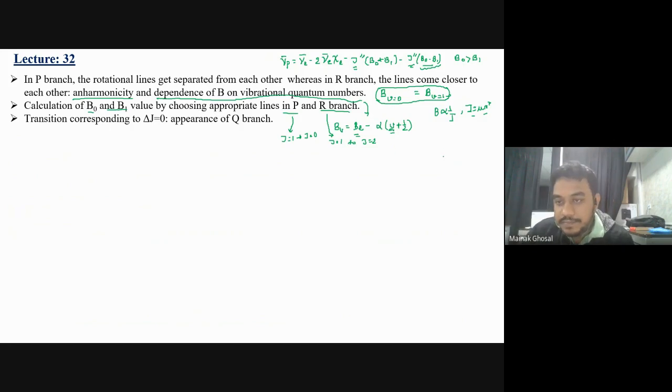Suppose you have the same J level. This is the ground level. Ignore my drawing, just understand the concept. This is my ground J level.